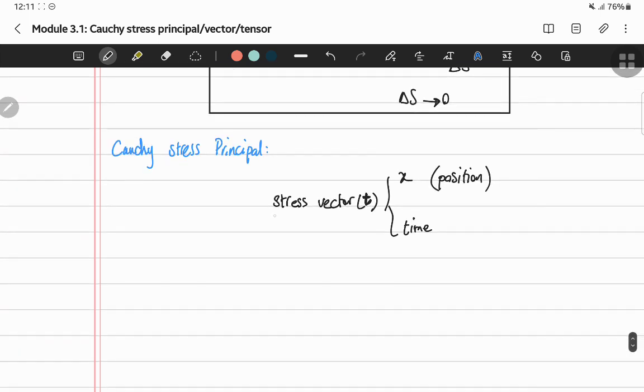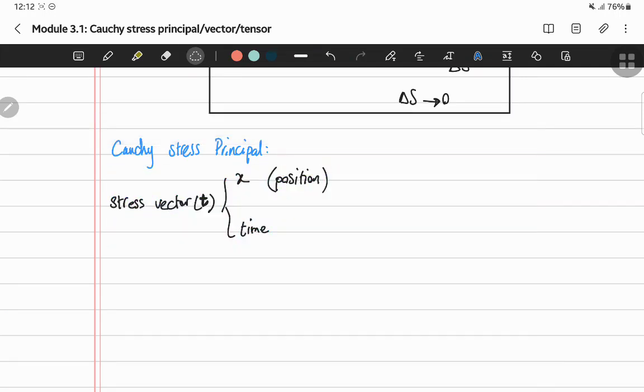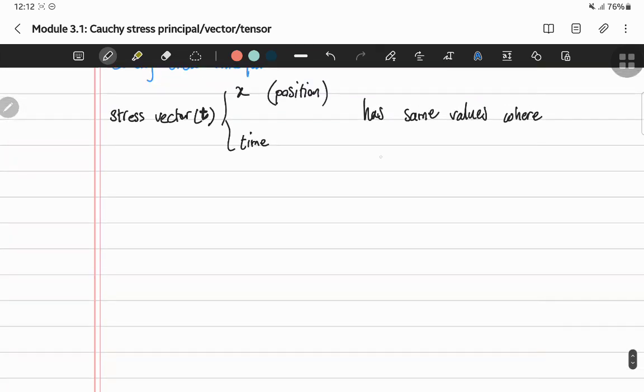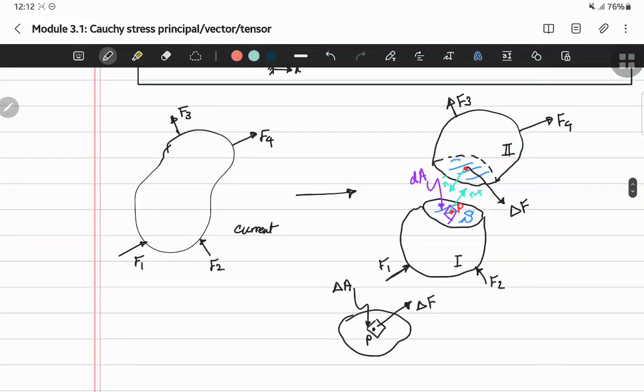We can assume whatever kind of configuration we would like. So this is a stress vector. It has the same values on this surface, but it has the same values with opposite sign on the upper surface.